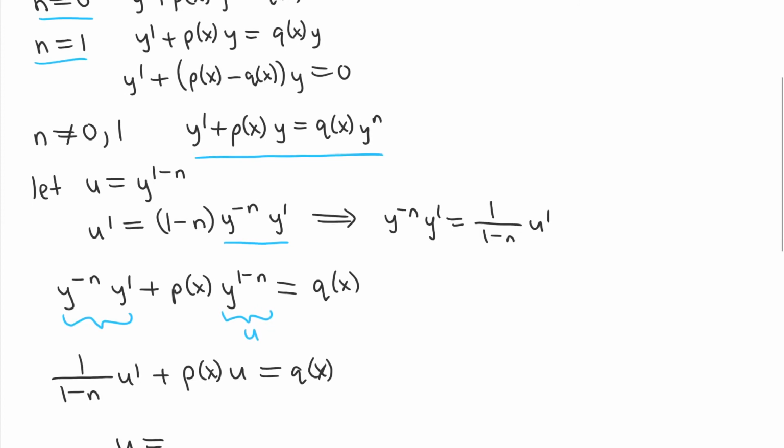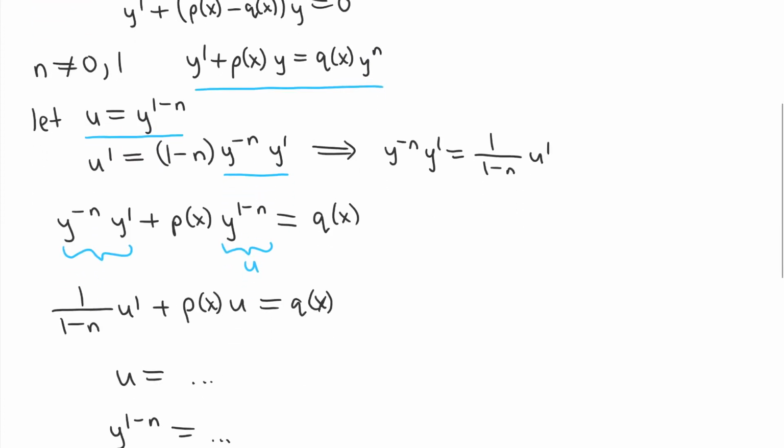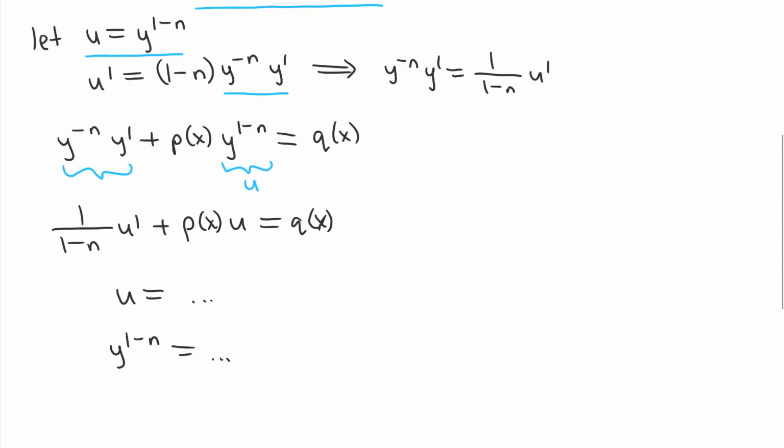We make a substitution u equals y to the 1 minus n. Take the derivative of that because we're going to need it. And then we do a little trick by dividing both sides of our equation by y to the n to get it into this form. And then the substitutions come very nicely, and we get an equation just in terms of u, which we can solve, and then substitute back in u equals y to the 1 minus n to find a solution in terms of y.